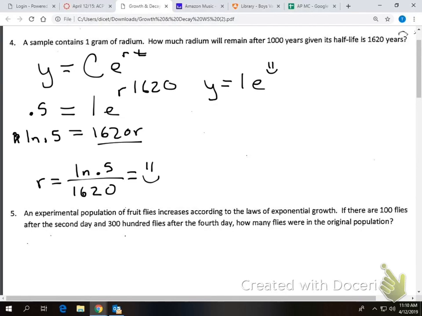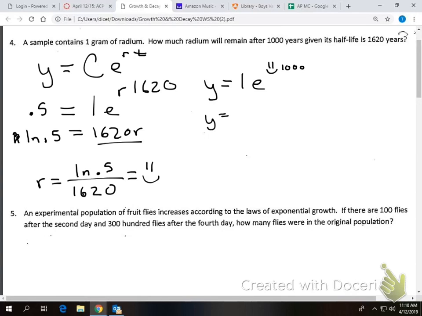No. 1,000 years. So I'm going to go to my calculator and first type in smiley face, which is the natural log of 1/2 divided by 1620. And then I'm going to multiply it by 1,000. And then I'm going to take e raised to that answer, and I don't even need to waste my time multiplying by 1. What are we getting, guys?